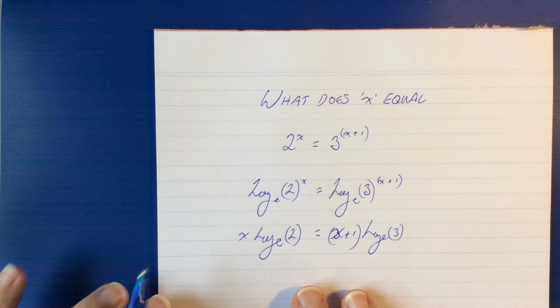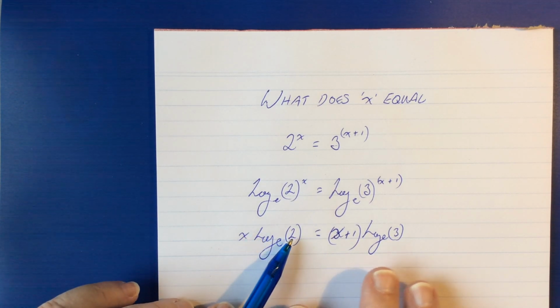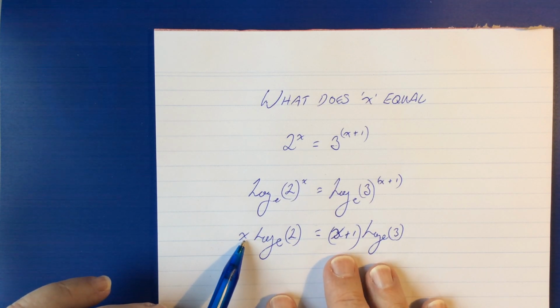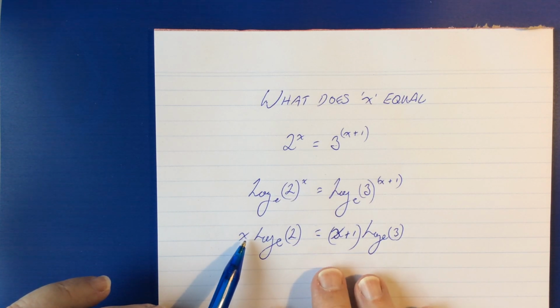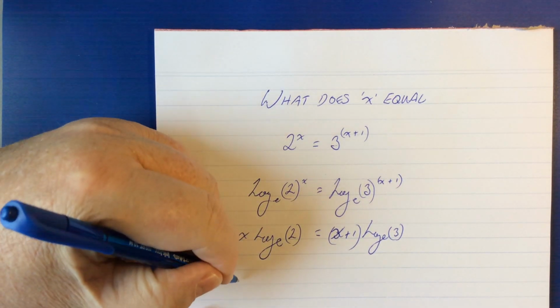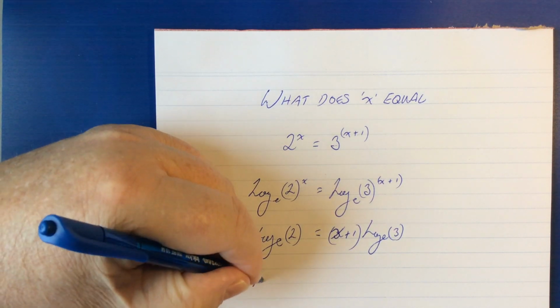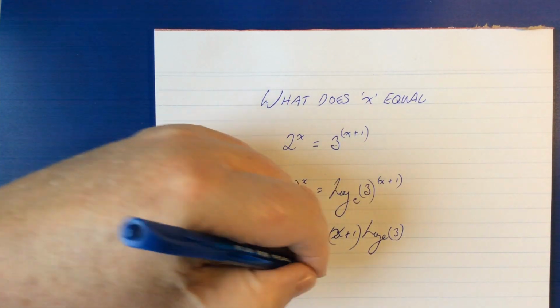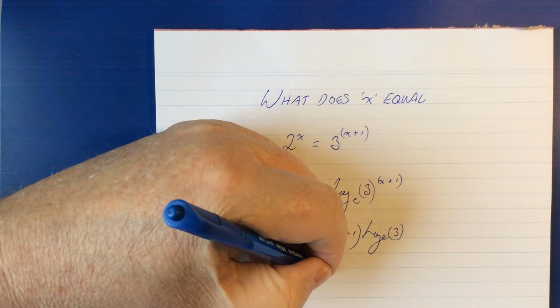Well, it separates our bases from these expressions here, and it gives us a chance to get x on its own. But to do that, we need to do one more thing. It'll probably turn out to be a couple more things, but that's the way of it.